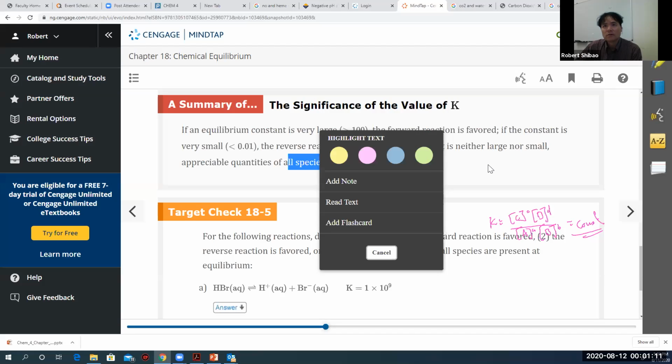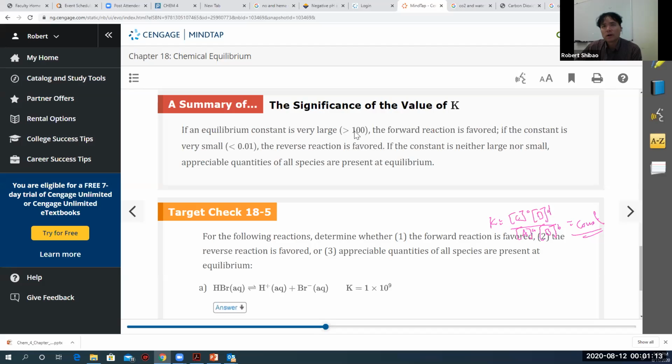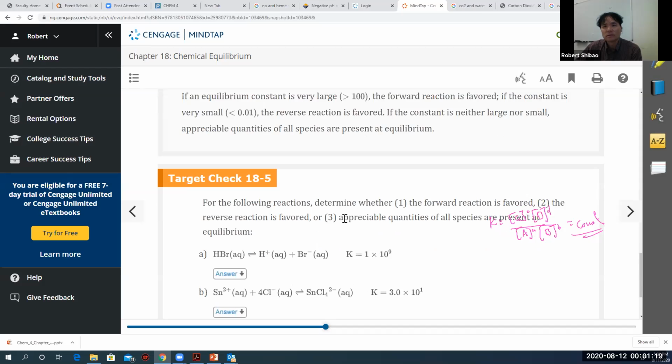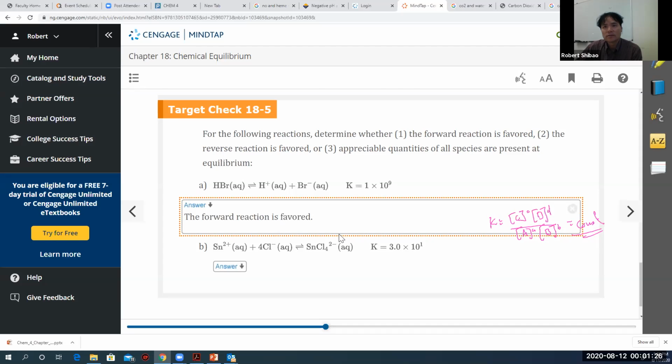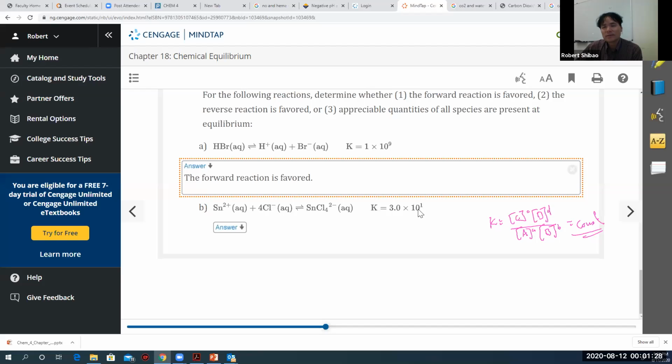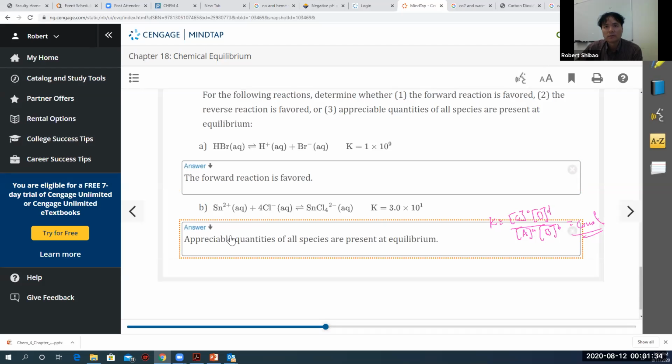So greater than 100, it's mostly product, less than 1/100th, mostly reactant, and in between, everything's present. So this is mostly product, 10 to the 9th. Forward reaction is favored. It's about 300, and so all species, but a little bit more product.